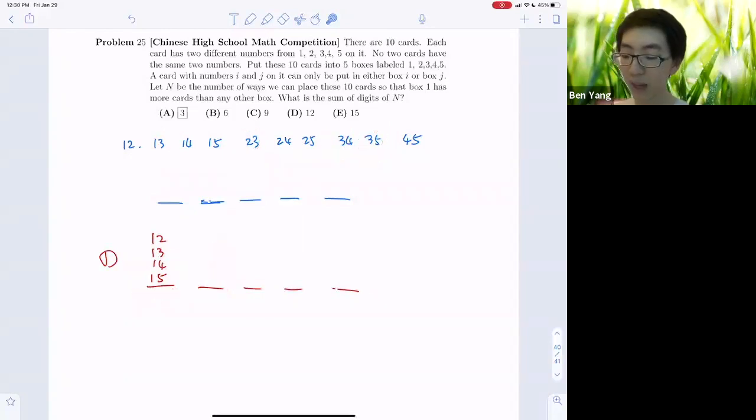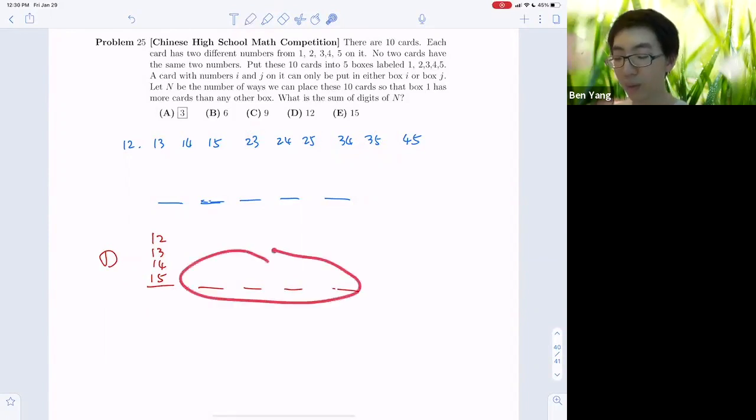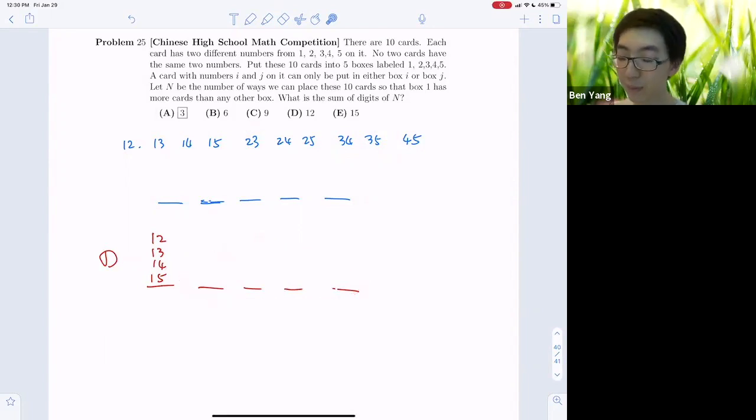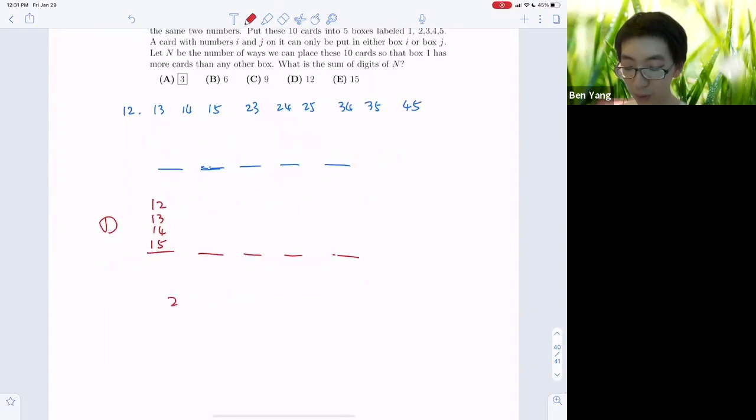So now we can actually freely place those 6 cards left in those 4 boxes. Well, apparently we need to follow the rule that for the card IJ, it should be put in either box I or box J. So 2 choices for any of the 6 cards left.